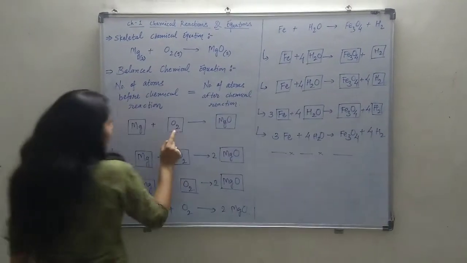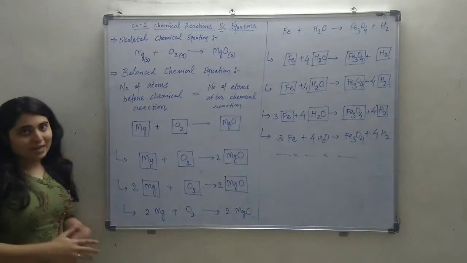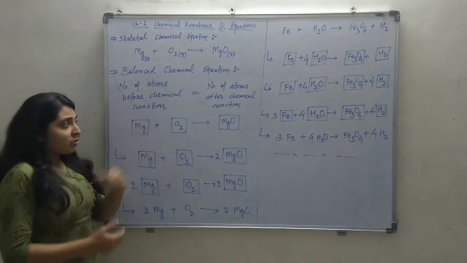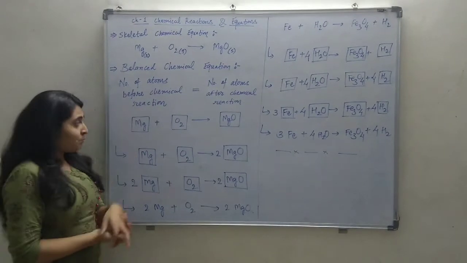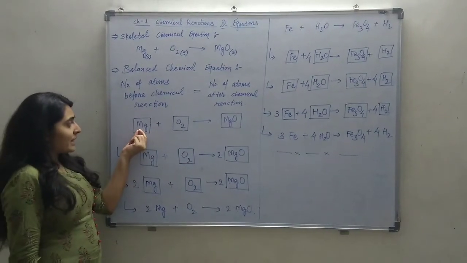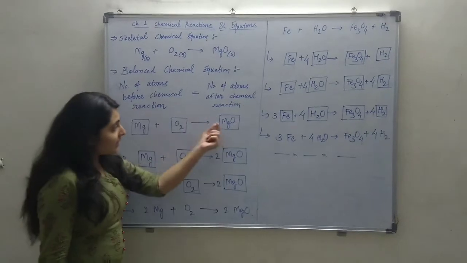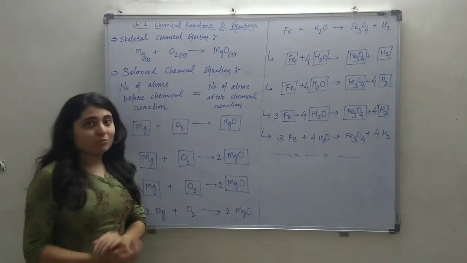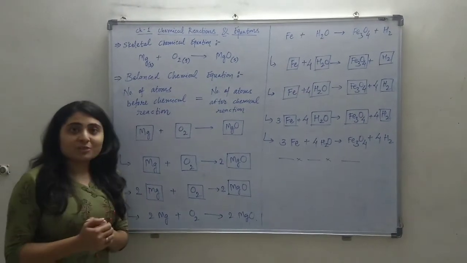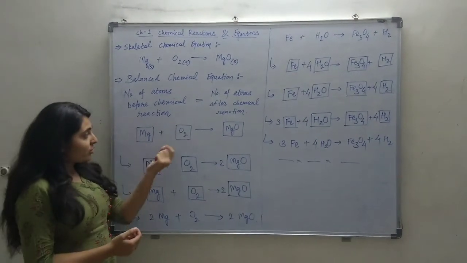After drawing the boxes, let us start balancing. Count the numbers on the left hand side of the arrow and the right hand side of the arrow. For magnesium, on the left hand side it is 1 atom, and on the right hand side in the magnesium oxide molecule there is 1 atom of magnesium. So magnesium is balanced here. What about oxygen?